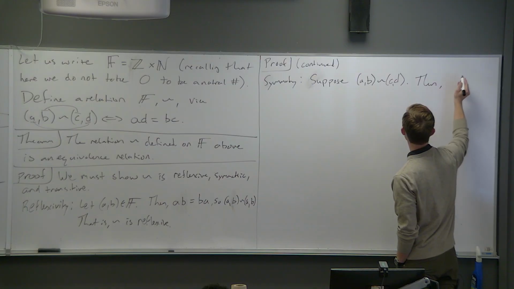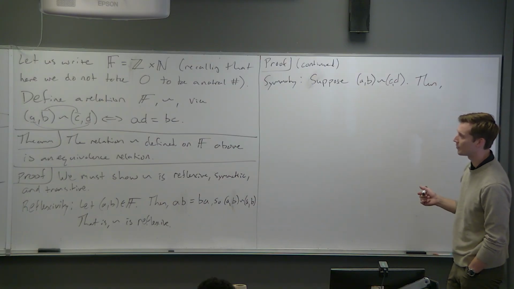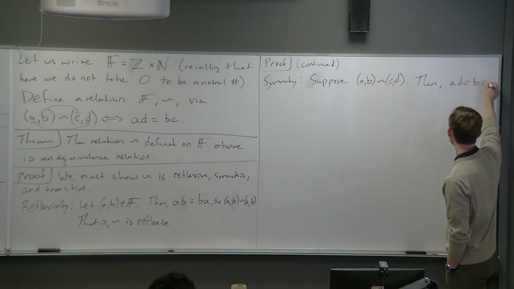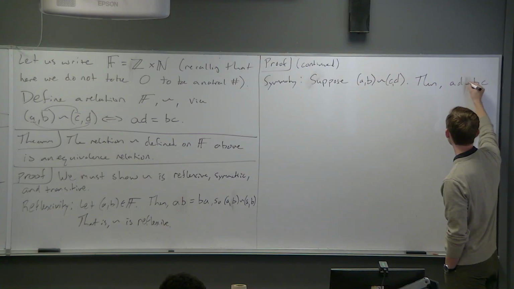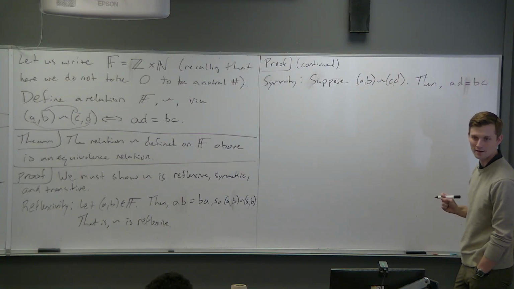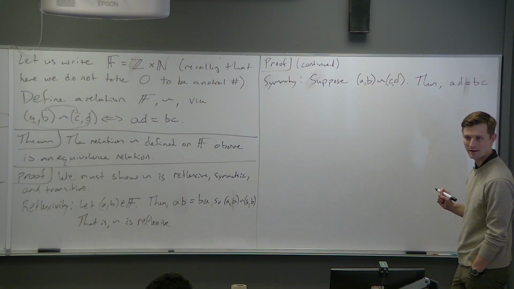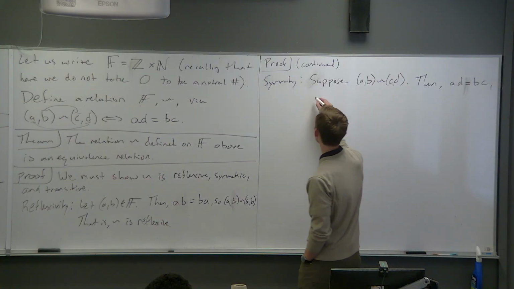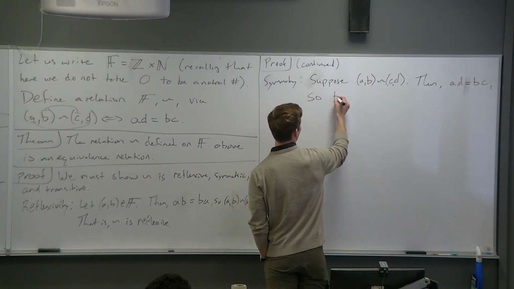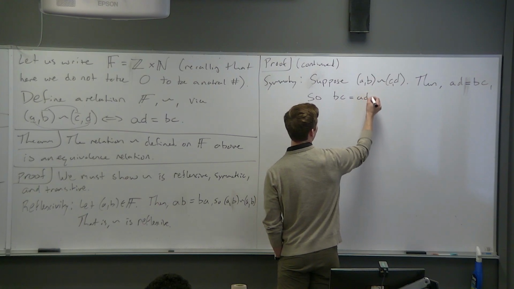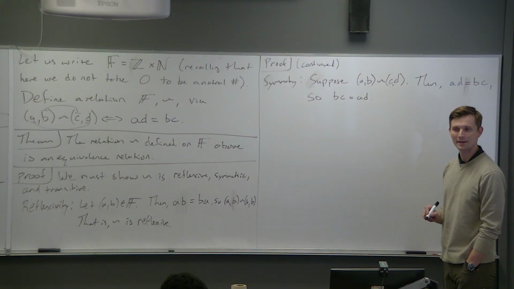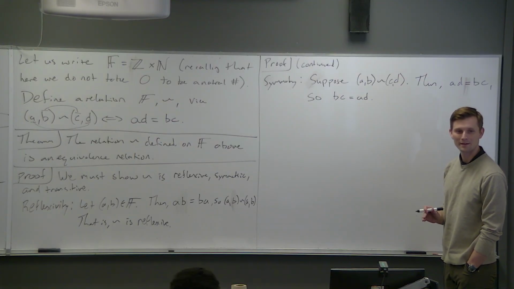Then what would we need for this to be true? This happens if and only if ad is equal to bc. That's the definition of this relation in the first place. So would you get that bc is equal to ad?